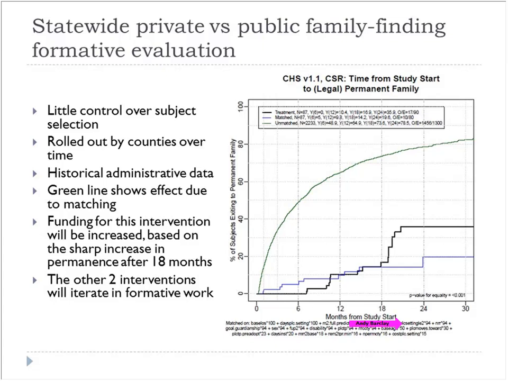Placement settings, that's placement stability. Number of children in the removal group, goal of guardianship, a lot of characteristics. Sex, follow-up time, all of these were matched on. So these are the 20 characteristics. And they're different in every site.